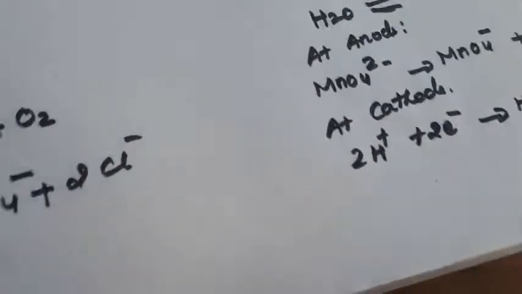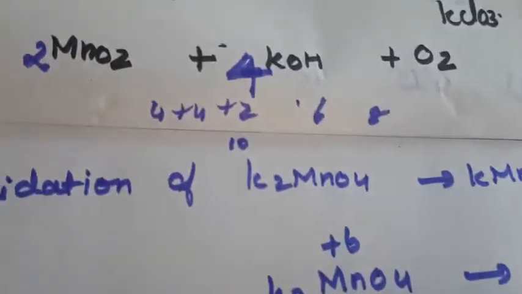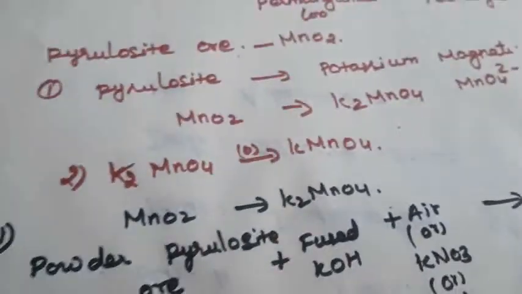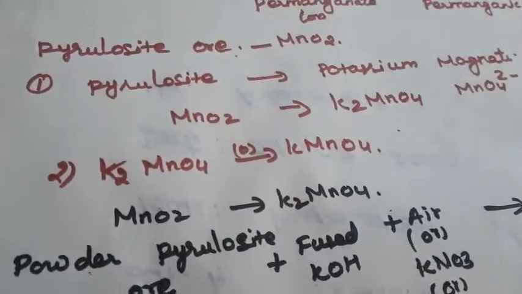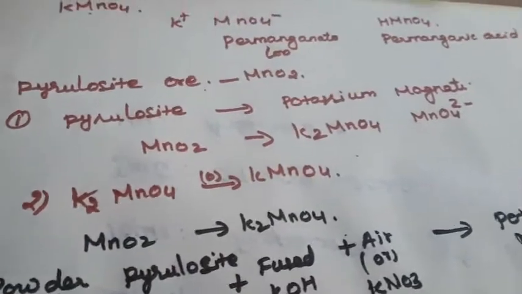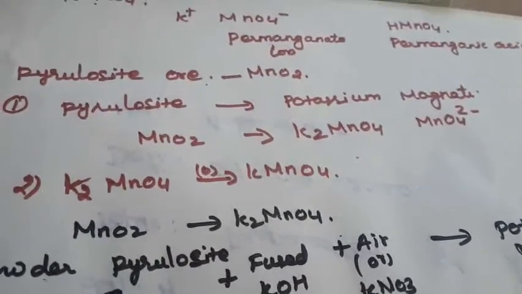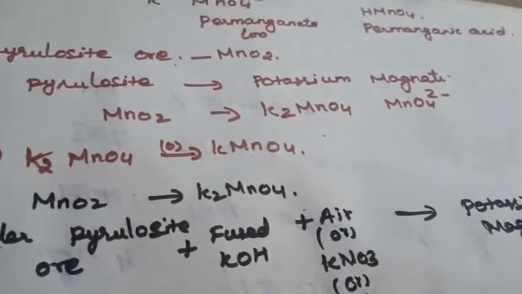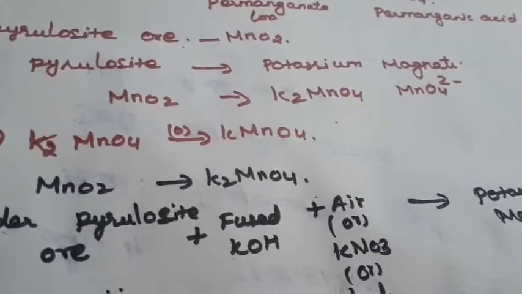So this is the preparation in two steps. First, pyrolusite ore is converted into MnO2, and then into potassium manganate, K2MnO4, with ionic form MnO4 2 minus.